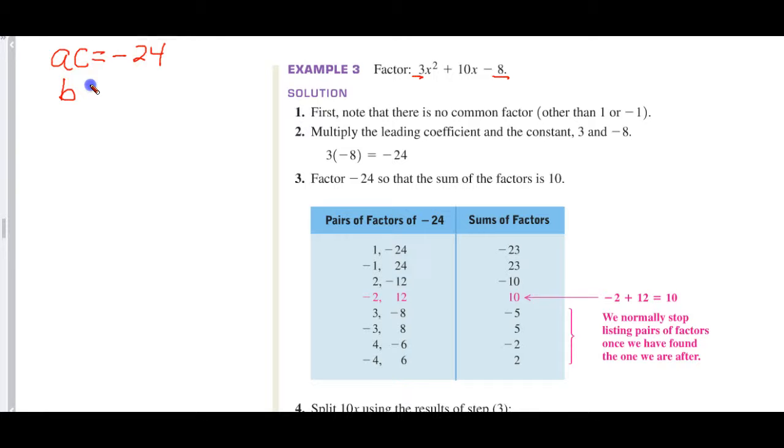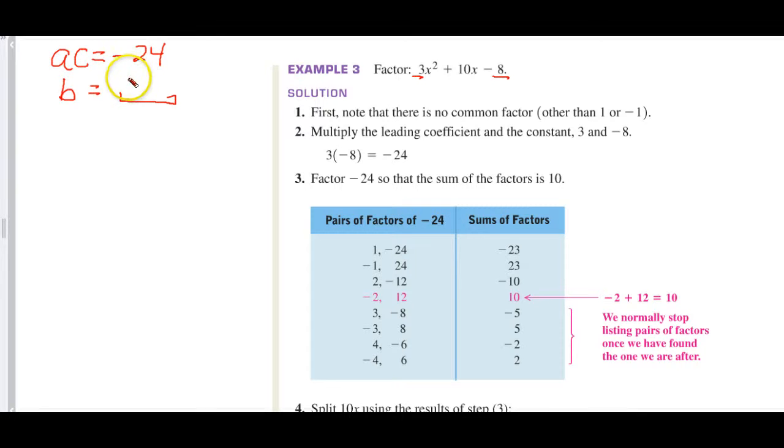Now we want our B to be factors of a negative 24 that are going to add up to a positive 10. Well, how about a 10?